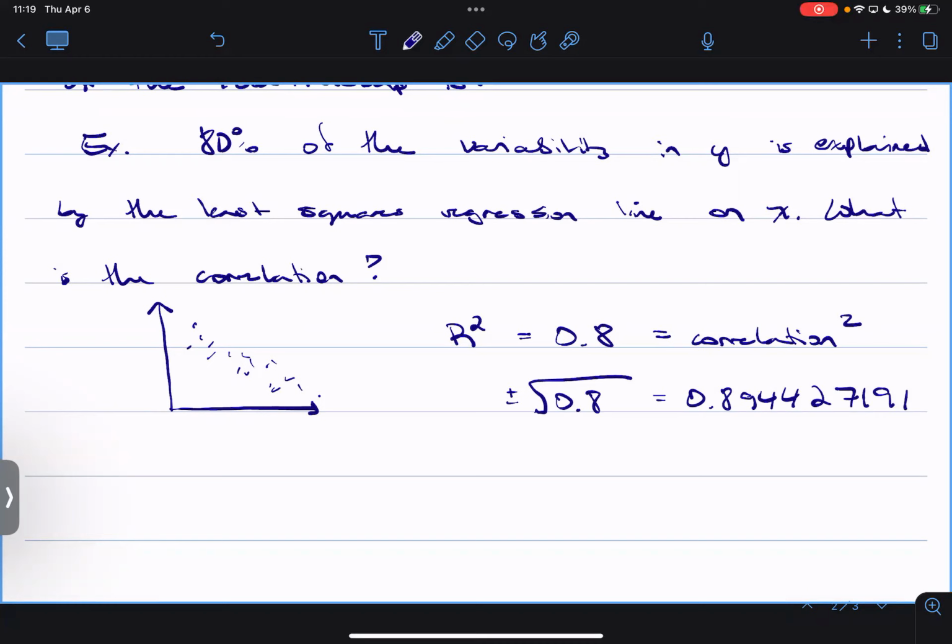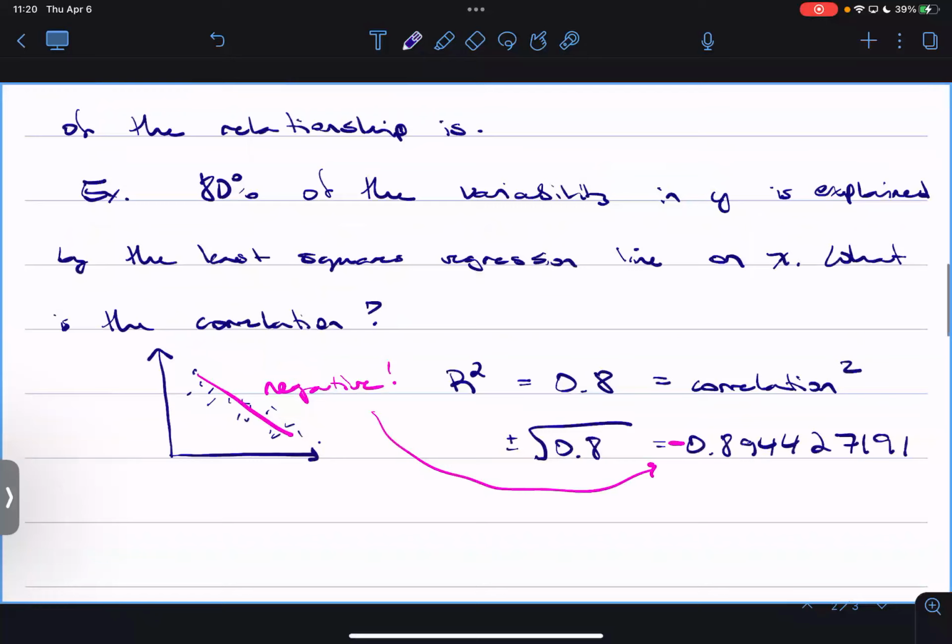But because it's negative, right here, that value has to be negative. So a little bit of extra work. Usually if I do something like this, it will be a negative relationship just to make sure that you are keeping up with that. Yeah. Okay.